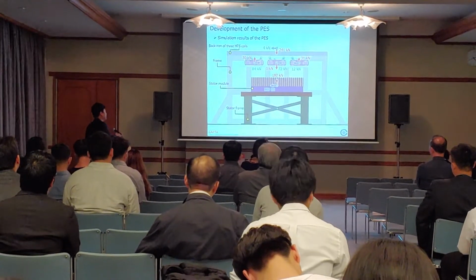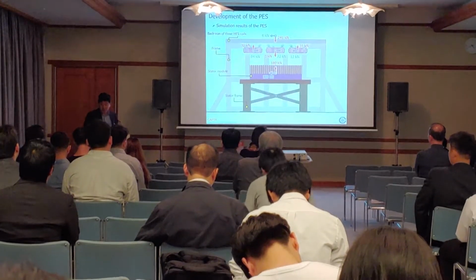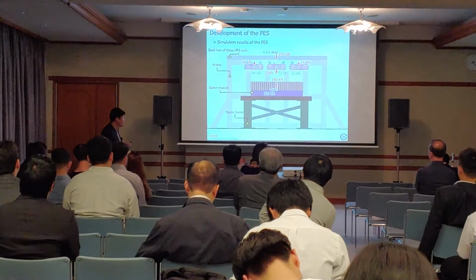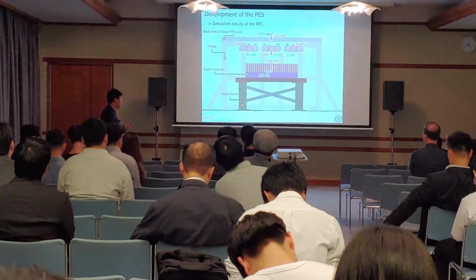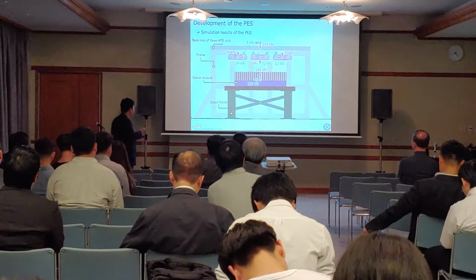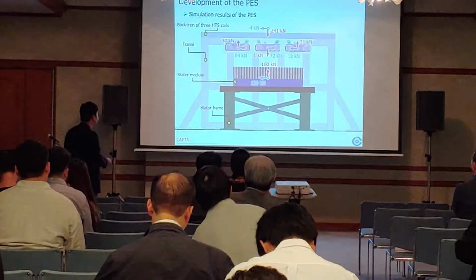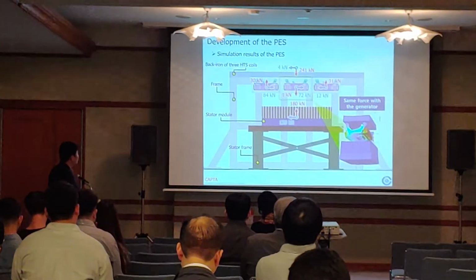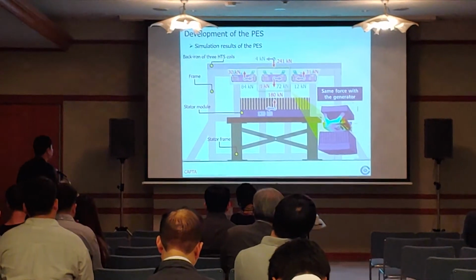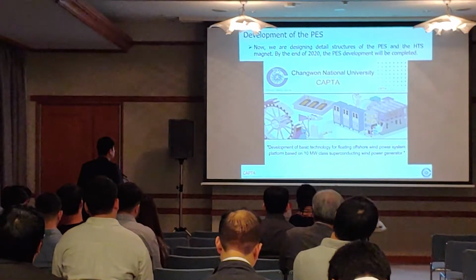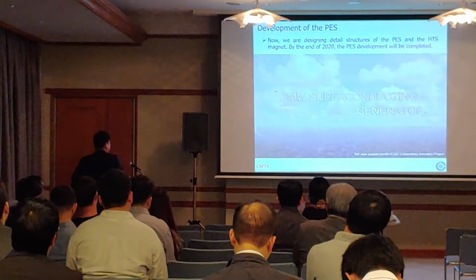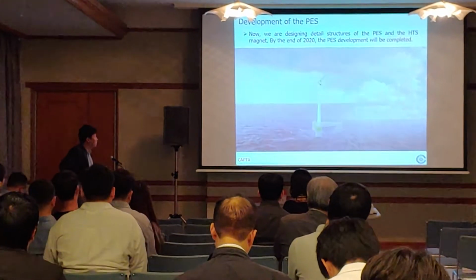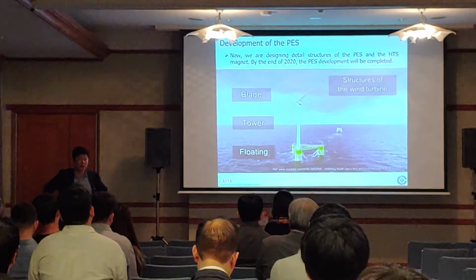Even though we apply 3 magnets, the result is very similar to the 2 magnets, among the 40 force of the ASSS wind generator. It is moving, and the same force will be generated like this.